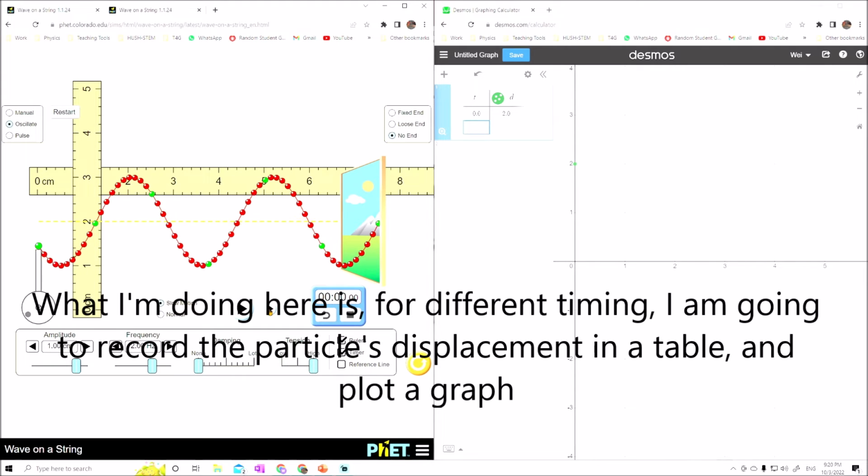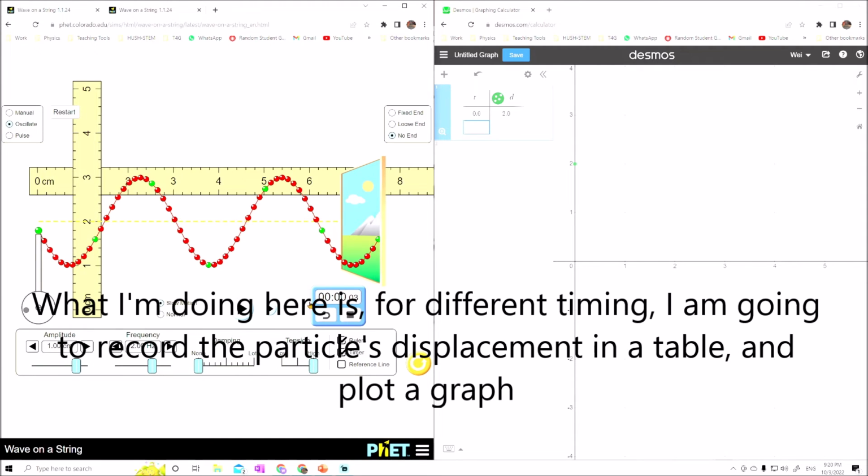At every step, I'm going to plot the graph. I can speed up the time a bit. At 0.03, it is 1.6. And I just keep going like this.